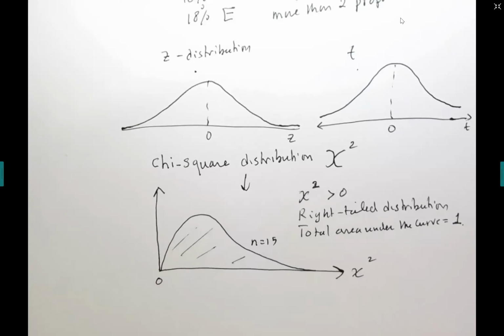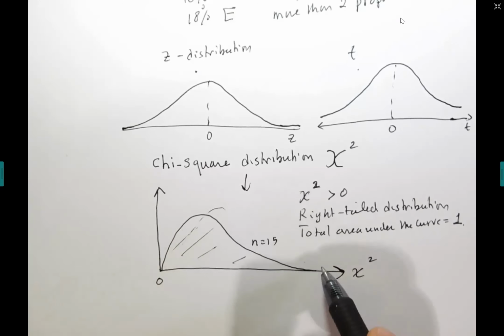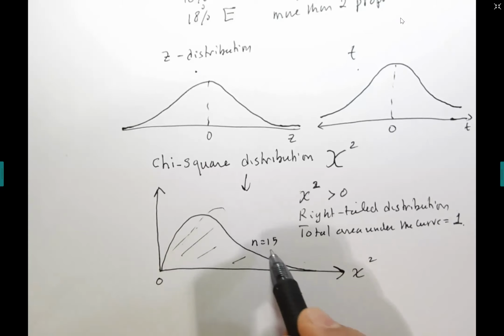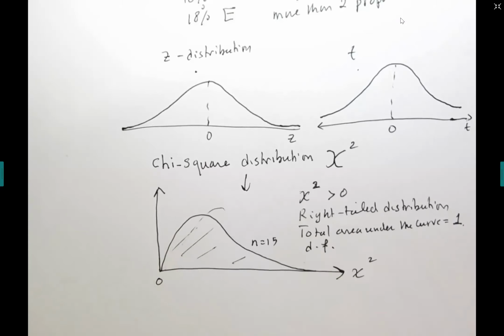Now, if I make n 29 or 30 or 31, it will become closer and closer to the normal distribution. So it does require degrees of freedom. There is a degrees of freedom that you need in order to find the test statistic. And I'll tell you what the degrees of freedom is in a second, once we start doing an exercise.